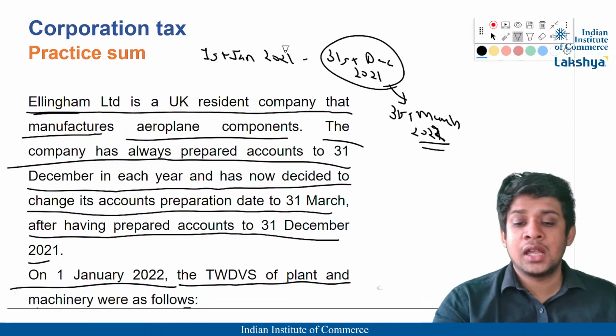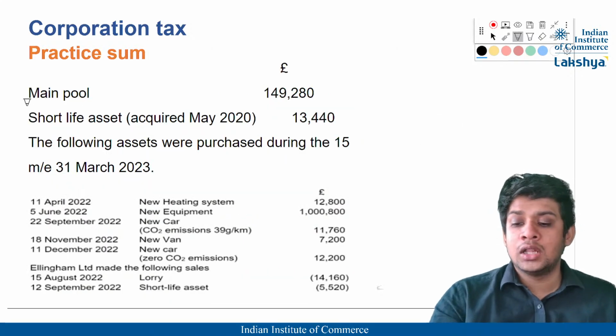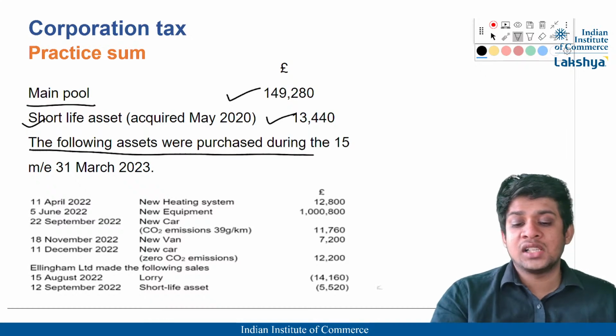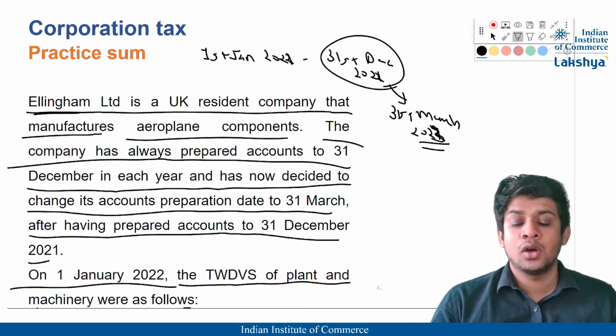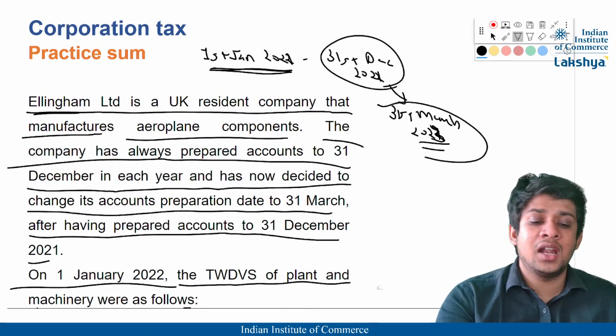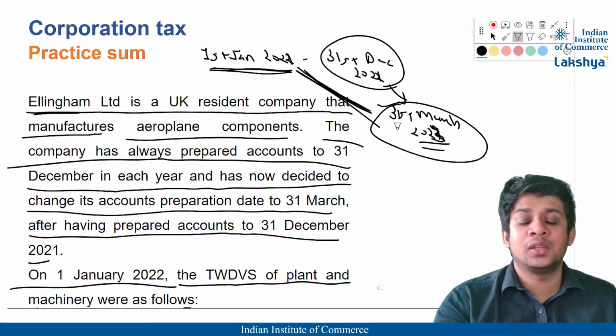I think it is going from 2022 to 2023 now as they are changing. The main pool at the start of the year was 14,980 and the short life pool was 13,440. The following assets were purchased during the 15-month period ended 31st March 2023. The period started from 1st January 2022 and ended on 31st March 2023, so this is a 15-month period.